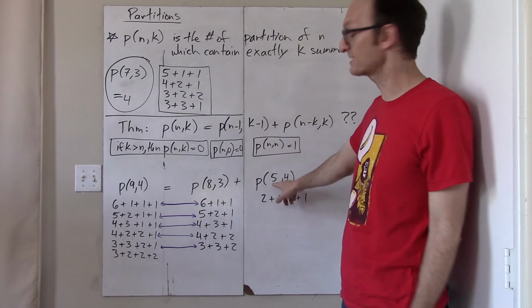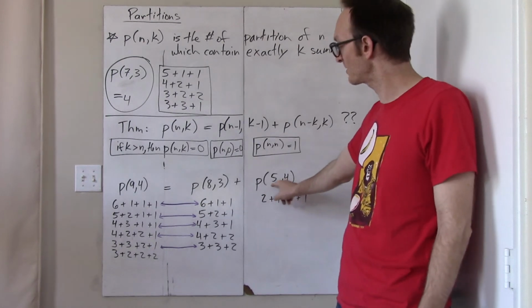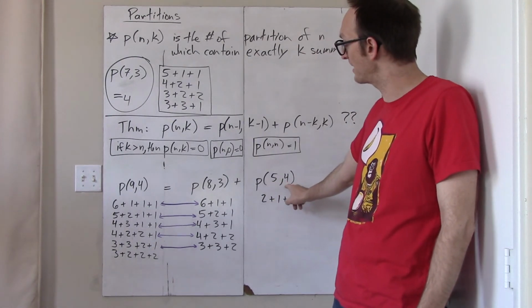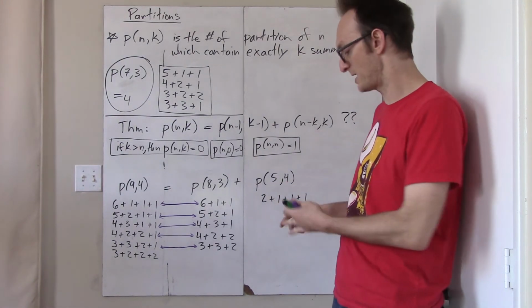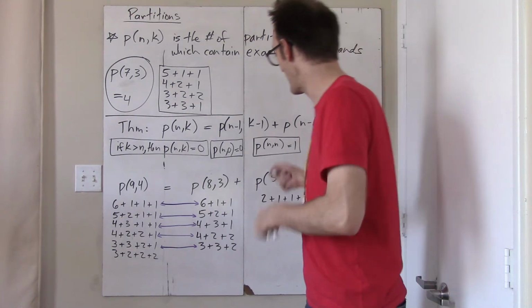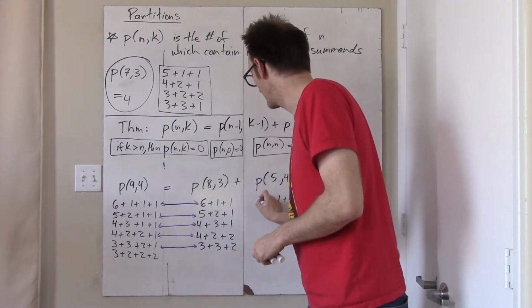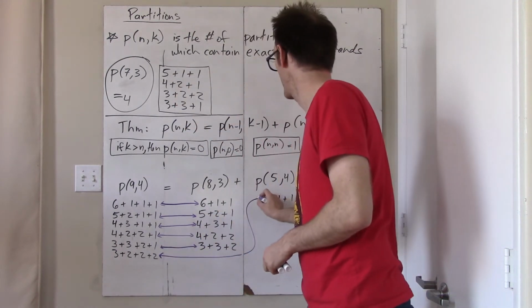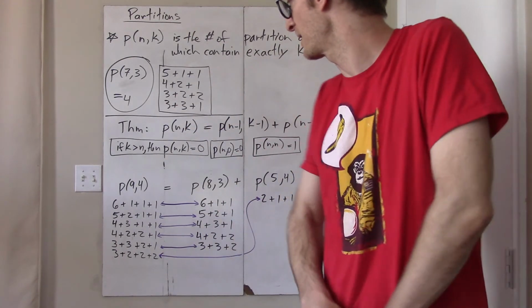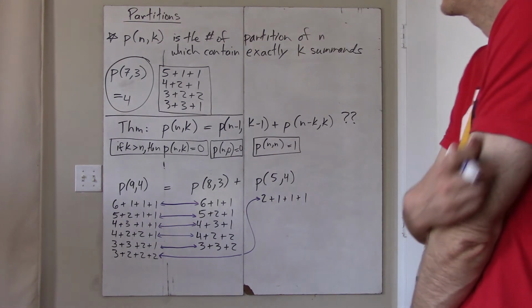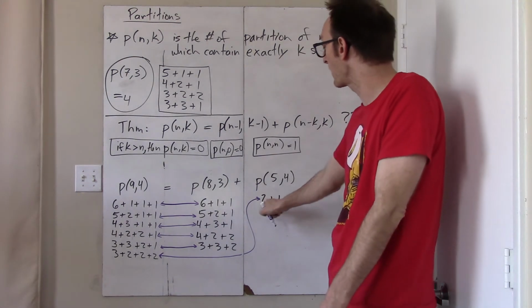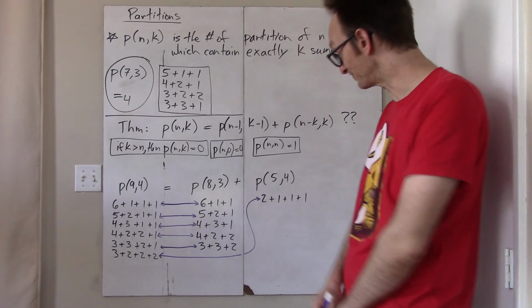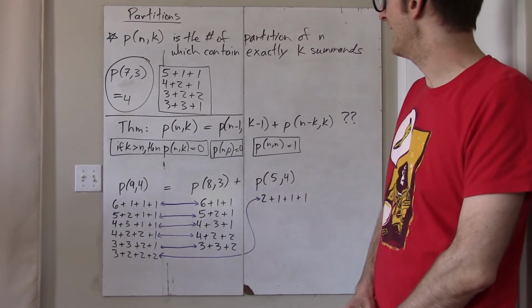And in this case, that's exactly what P54 is. P54 is the number of ways of dividing 5 puppies up into 4 piles. And so the 2, 1, 1, 1 bears a direct link to this sixth way of partitioning 9 into 4 piles. Namely, it's the one you get by adding 1 to each of these numbers. Okay.